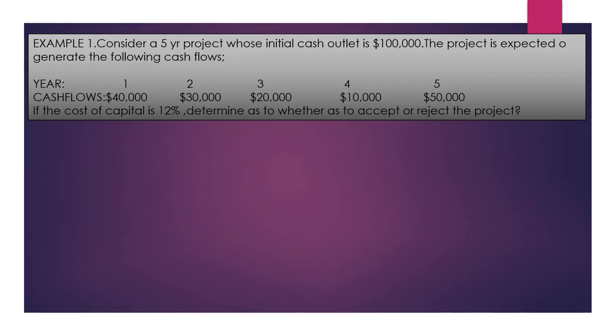So in this example, consider a 5-year project whose initial cash outlay is $100,000. The project is expected to generate the following cash flows. In year 1, the cash flow expected is $40,000. In year 2, $30,000.